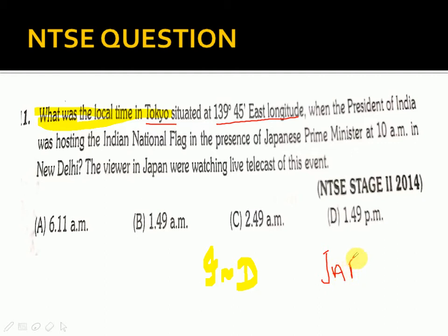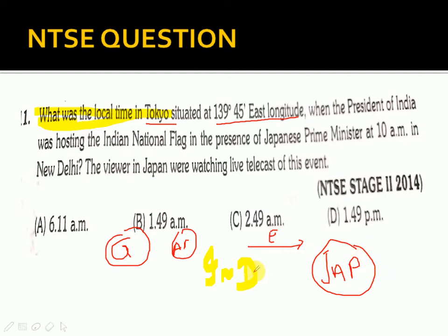To our east we have Japan. When we were talking about Arunachal Pradesh and Gujarat, the sun first rose in Arunachal Pradesh and then in Gujarat. So here also the sun will first rise in Japan and then in India.